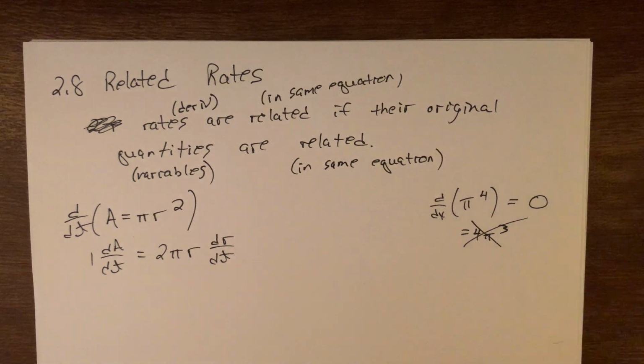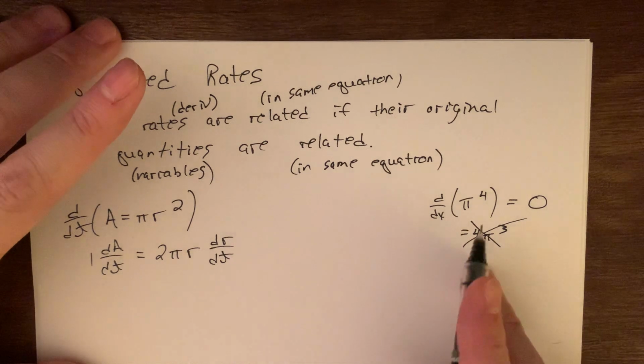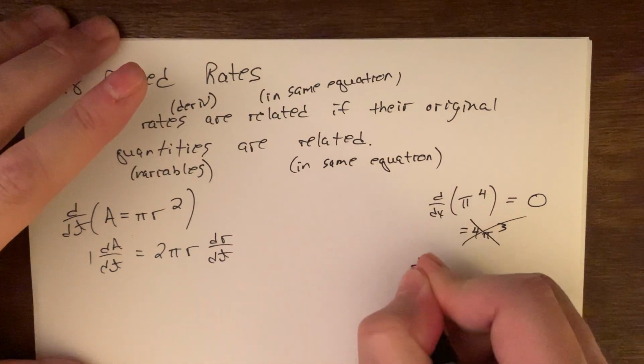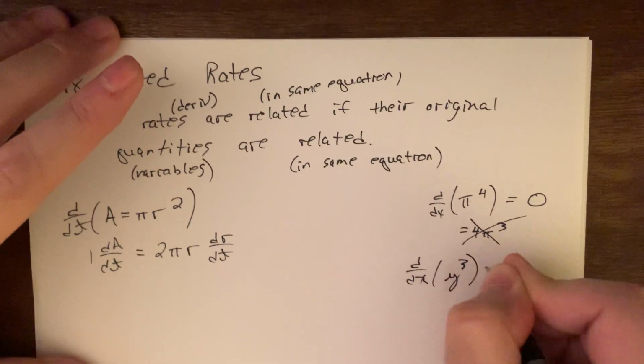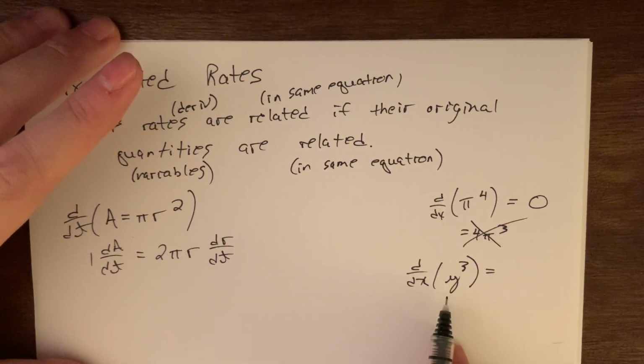But now let's just go off on the side for another moment, because now we're seeing this is really an application of implicit differentiation. So this was just a little bit of a trick question, just to see it and not be fooled by something like that. But if I said find d/dx of y cubed, well, that was our first example of implicit differentiation.